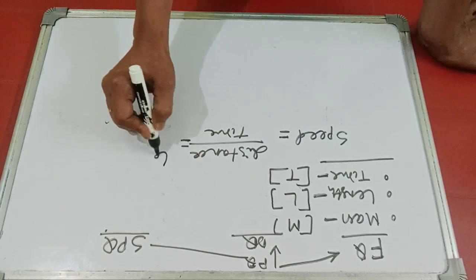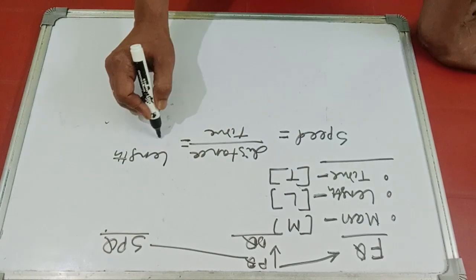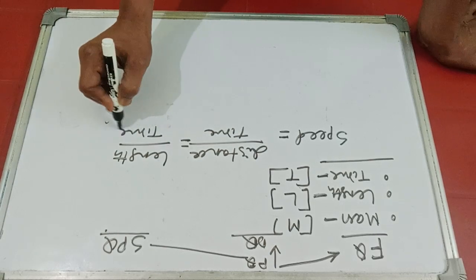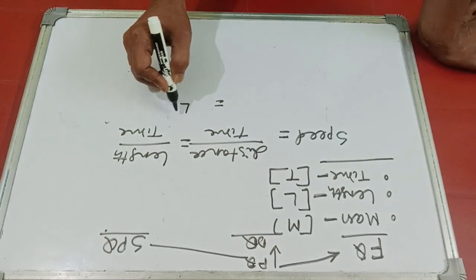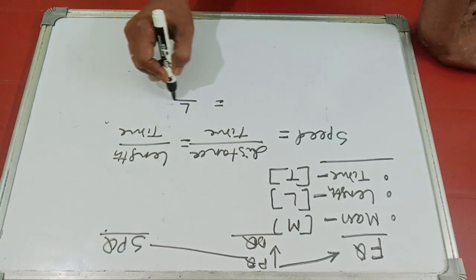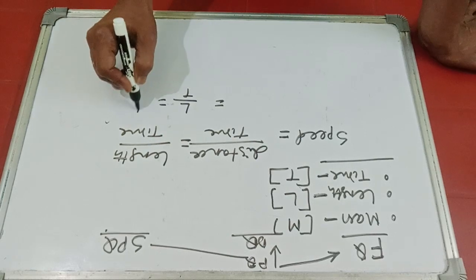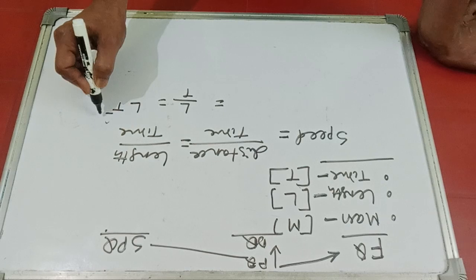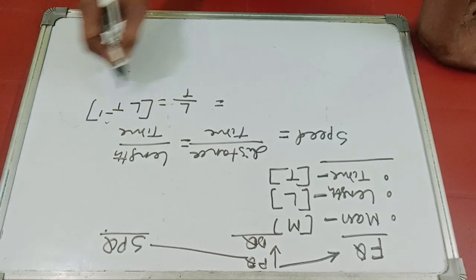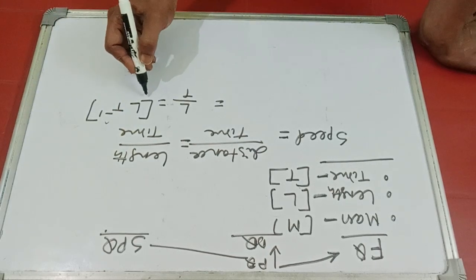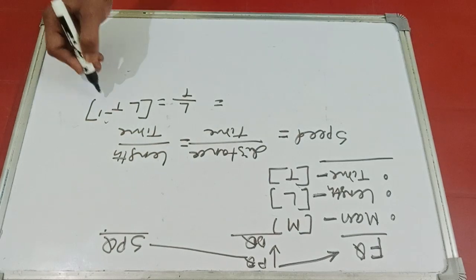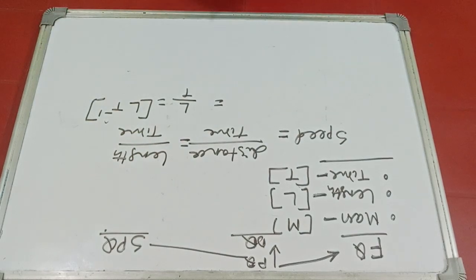Distance is length, so upon time, hence it will be L by T, or L T minus 1. Now L T minus 1 written within the brackets represents the dimension of the term speed.